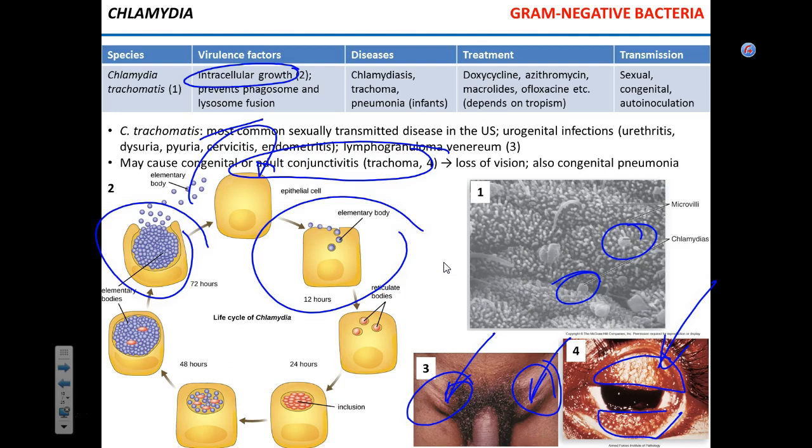Now, interesting thing is, trachoma is very common in developing countries, especially in Africa. And I had a privilege to work with a person who was a part of the project to develop a vaccine against trachoma. And they basically made it, but it never made it to the market because antibiotics are fairly inexpensive.